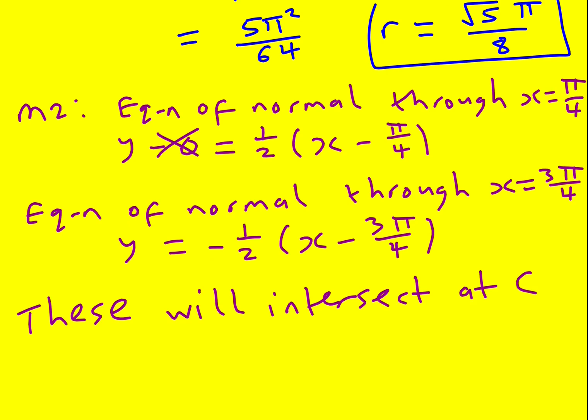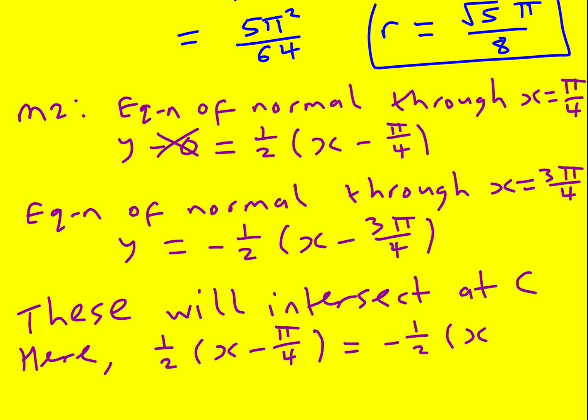So what I could do, I can set them equal. So I'll times through by 2 to get rid of that.